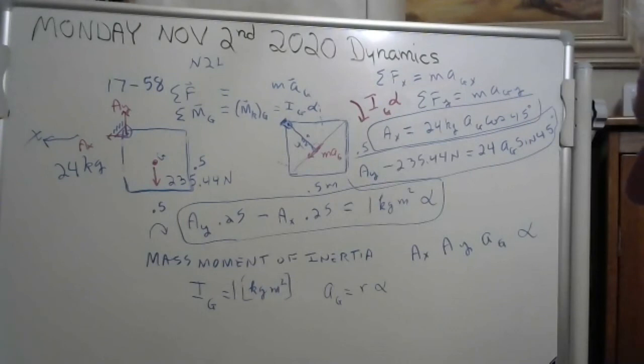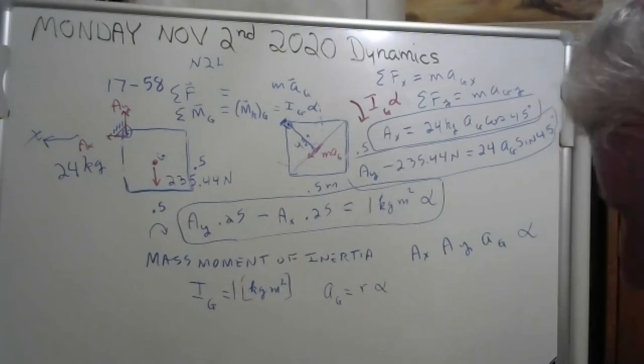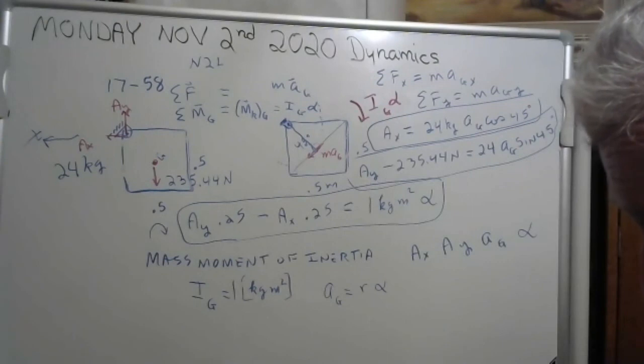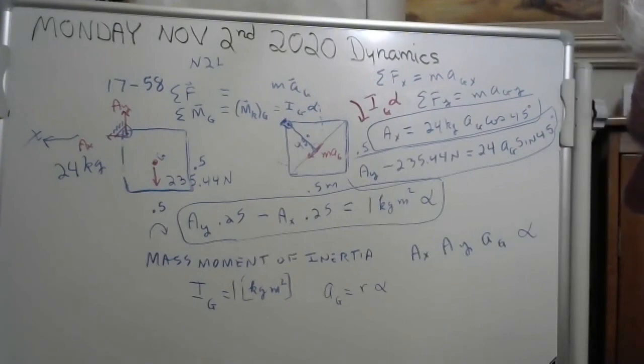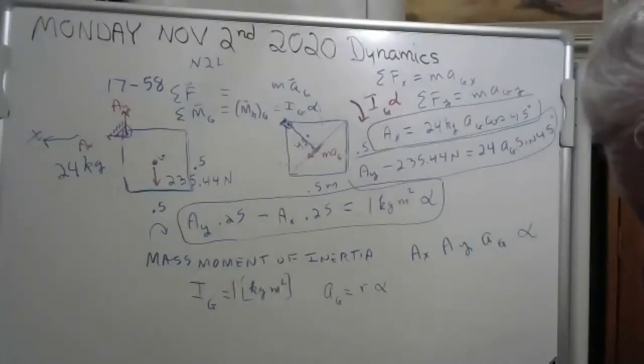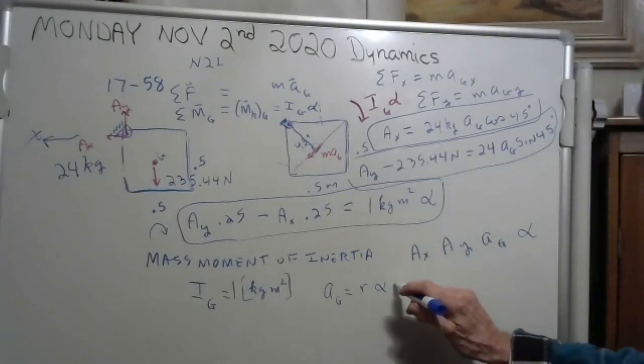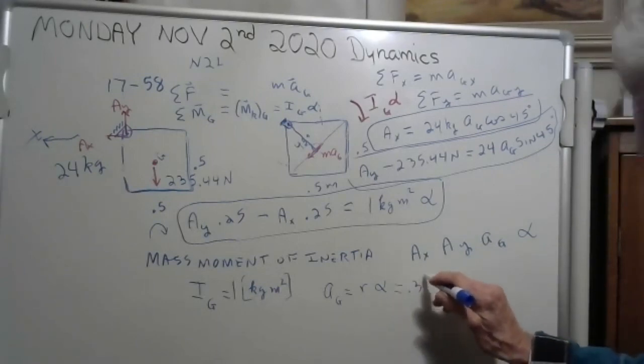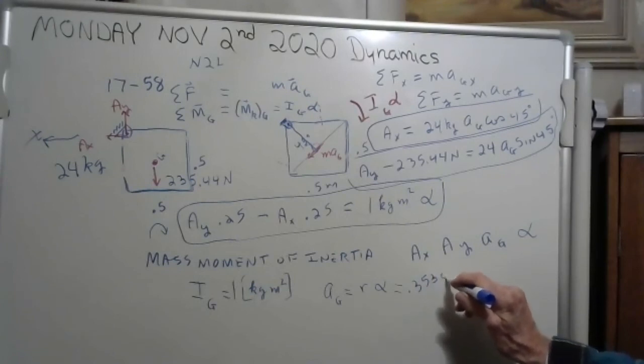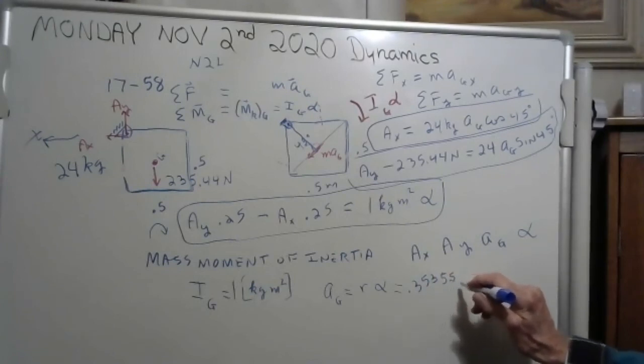It's 0.5 cosine of 45 equals 0.35355 alpha.